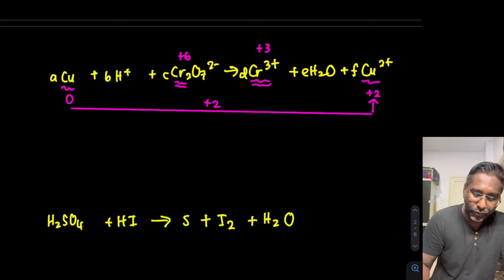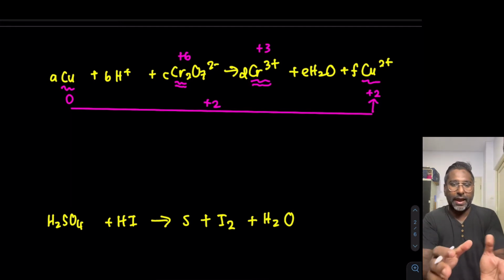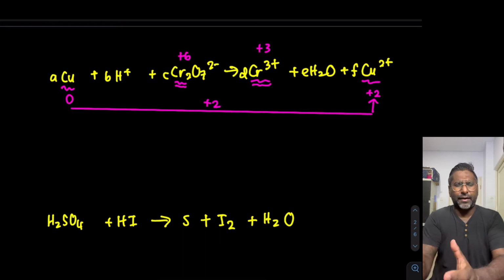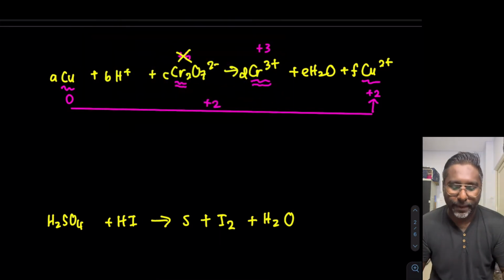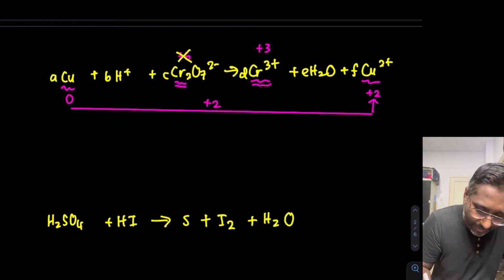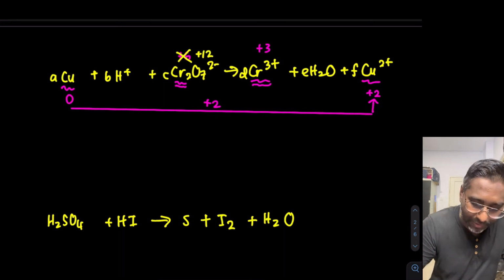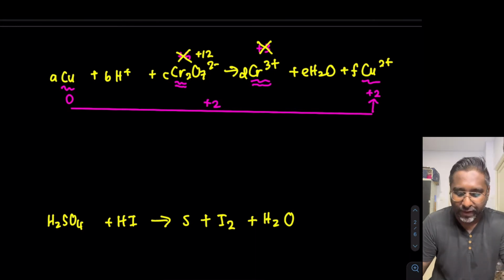Even though there are no 2 atoms of Cr over here, the moment left or right, we have 2 atoms of Cr, the oxidation number is as though for 2 atoms. So in this case, it's not going to be plus 6. For this question, we are going to use plus 6 times 2, that's going to be plus 12. This is how it works.